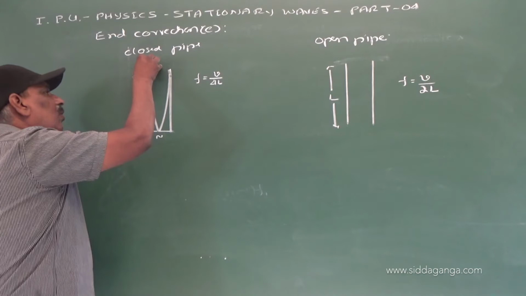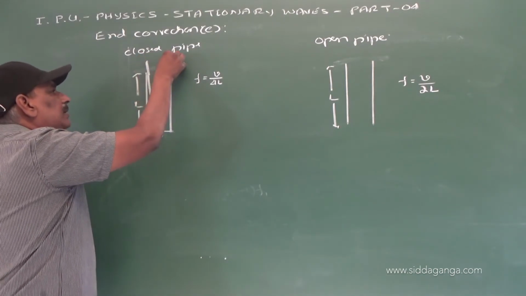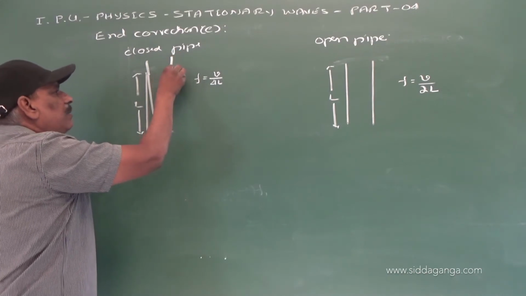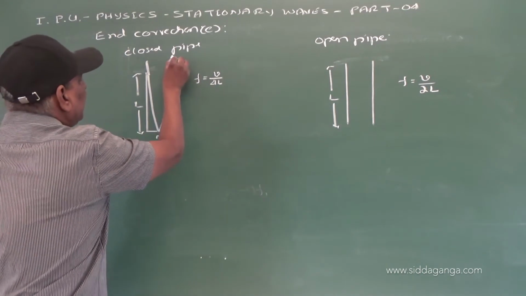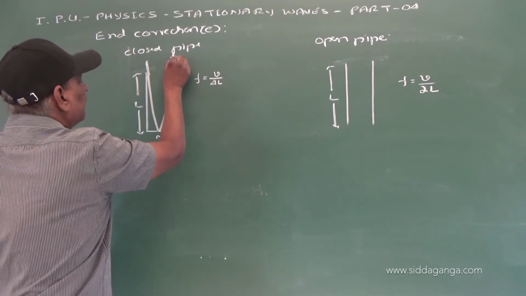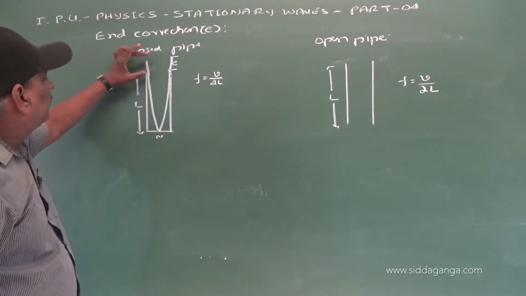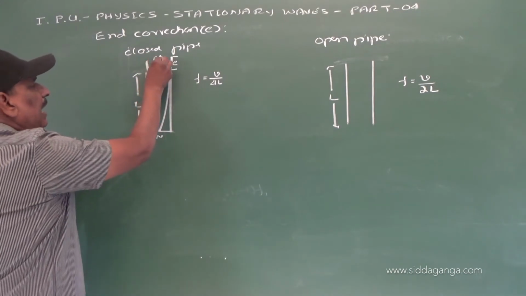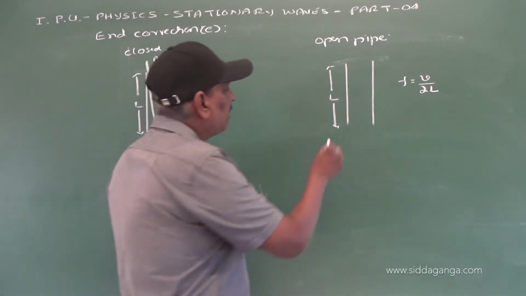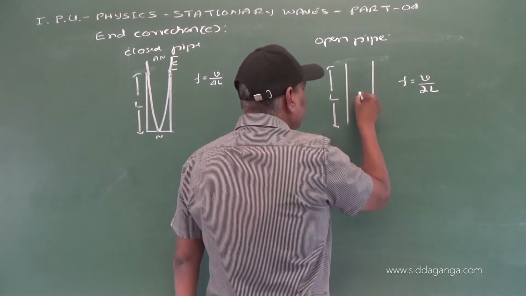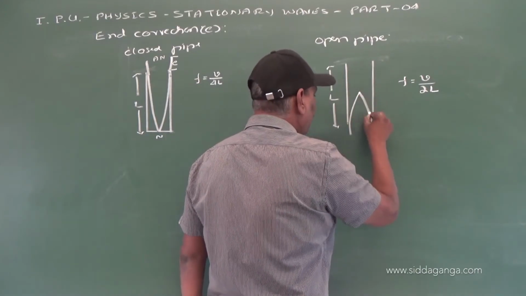Therefore, the true antinode is formed slightly above the open end. So this length is called end correction. This is the actual true antinode, it is not formed here. Here also the true antinode is not formed exactly at the open end.